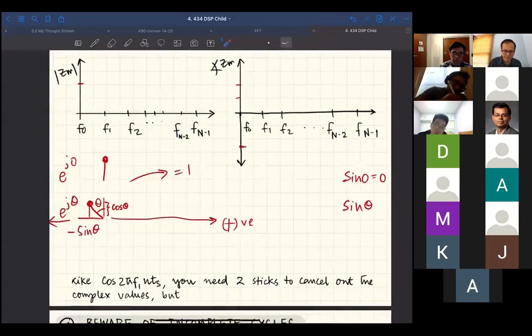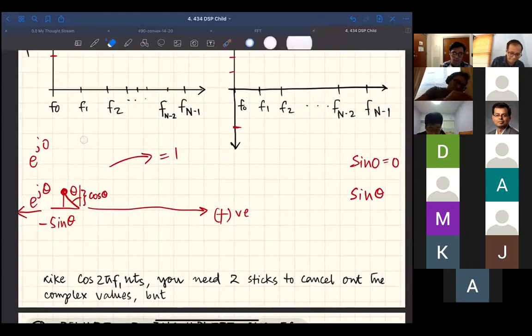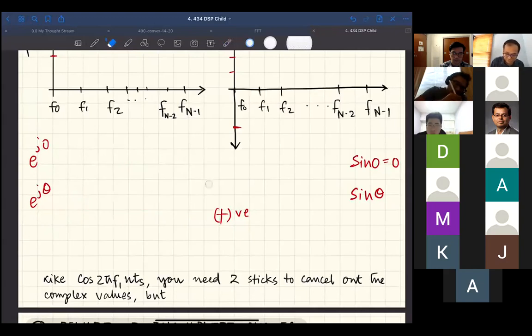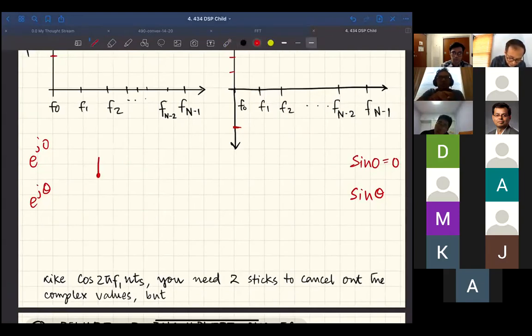So what do you do, guys? Someone? The idea is similar, but what can you do to make that negative positive? You make the magnitude negative. No. You start making the stick downward. And now in the second step, it'll go theta.